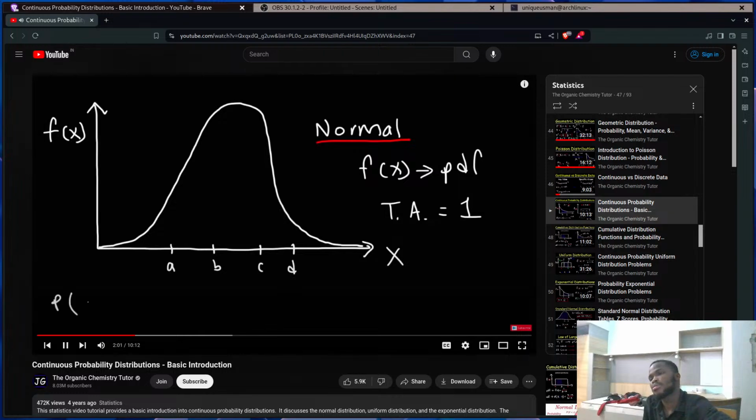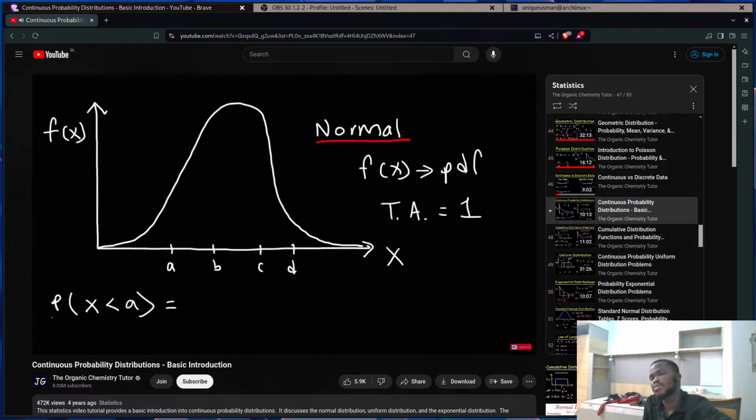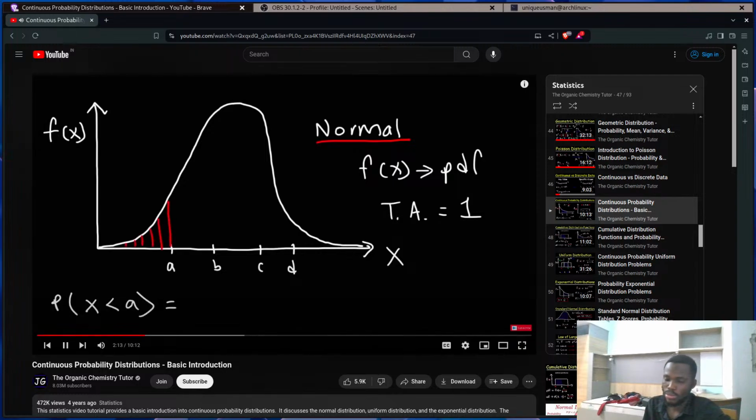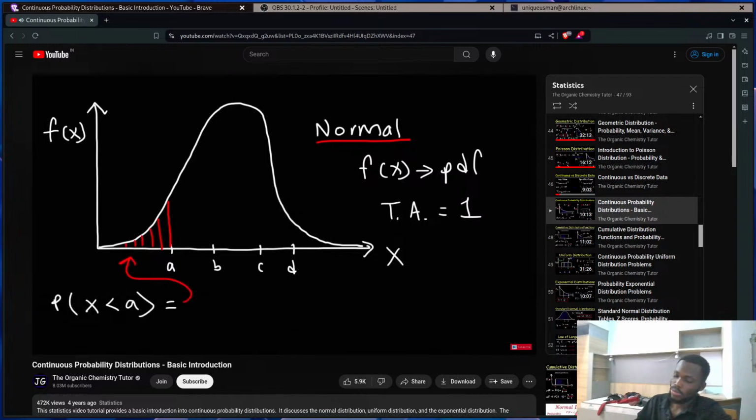Let's say we wish to calculate the probability that x is less than a. How would you do it? What you need to do is calculate the area under the curve of everything to the left of a. So it's going to be the area of the region shaded in red.